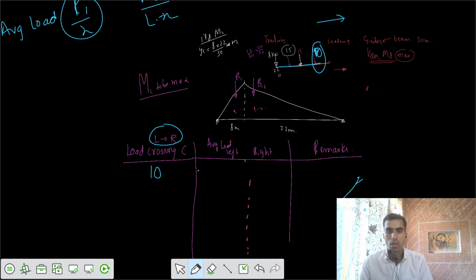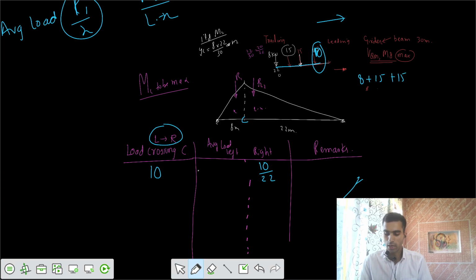If this has crossed C, what should be the value of R2 by L minus X? From the right side, the load is only 10, that means 10 by 22. And from this side, the total loads are 8 plus 15 plus 15 from the left side, that is 38.